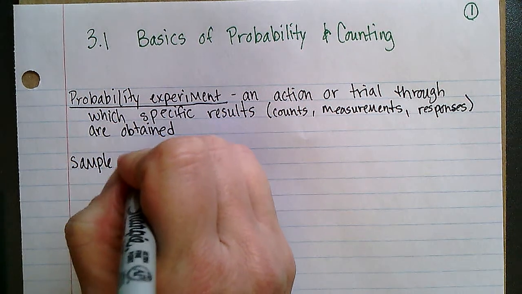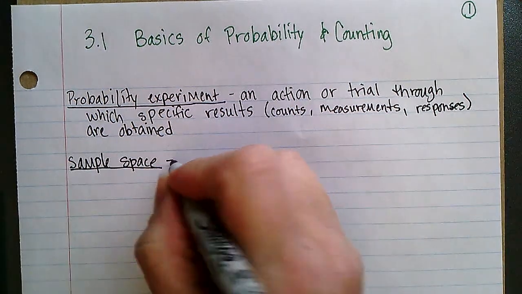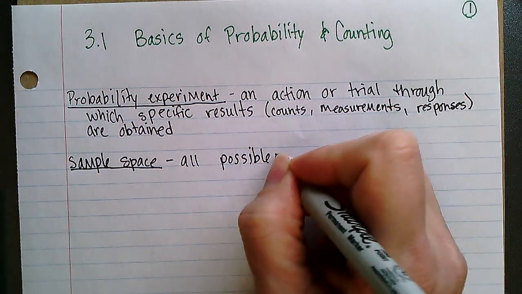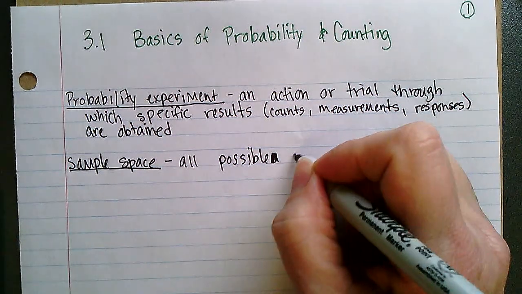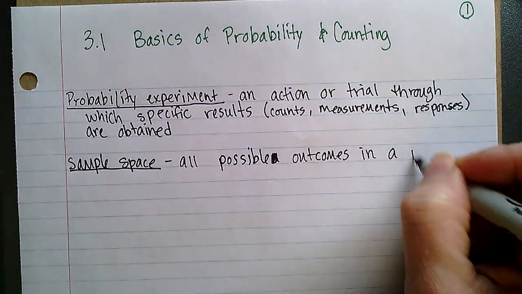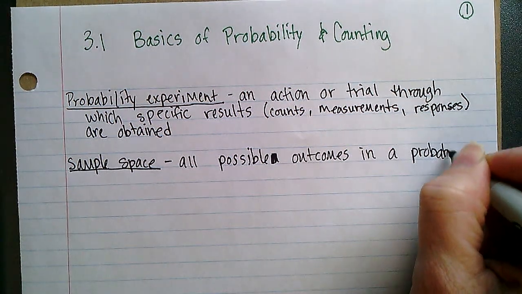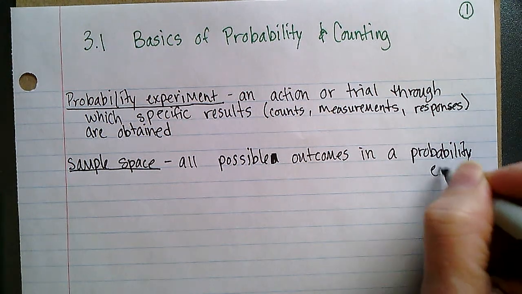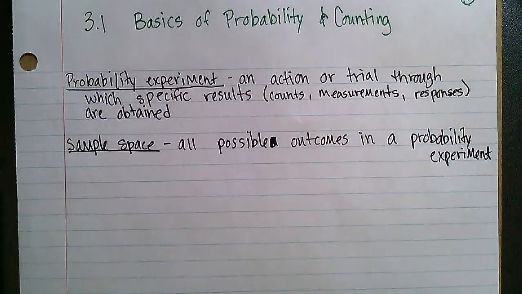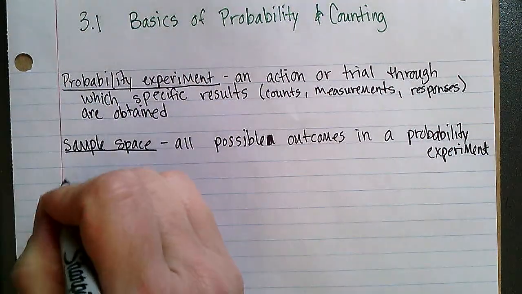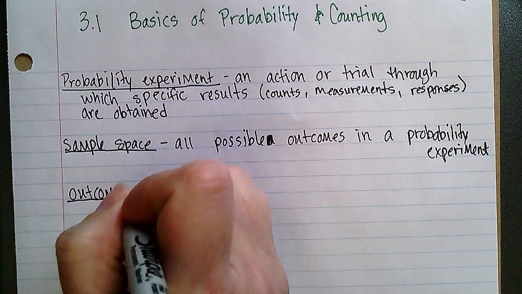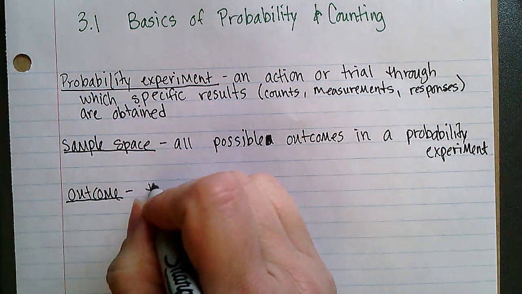Sample space is going to be all of the possible outcomes in a probability experiment. An outcome is the result of a single trial.